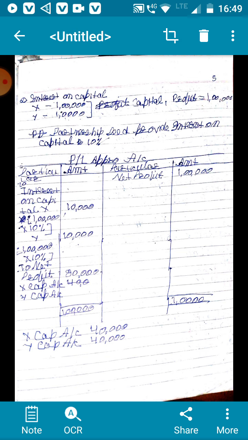If the partnership deed does not provide interest on capital, it is not paid. Since the partnership deed has provided it, we provide interest on capital. According to the partnership deed, it is 10% only.